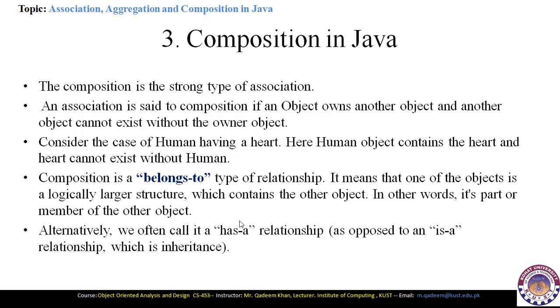For example, we can say that a human body has a heart, but unlike aggregation, the heart cannot exist without the human body. That's why it is a much stronger form of aggregation. It is also a has-a relation, but not an is-a relation, which is inheritance.